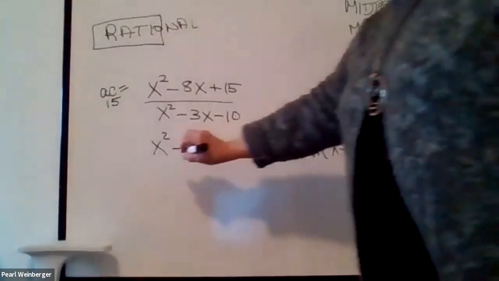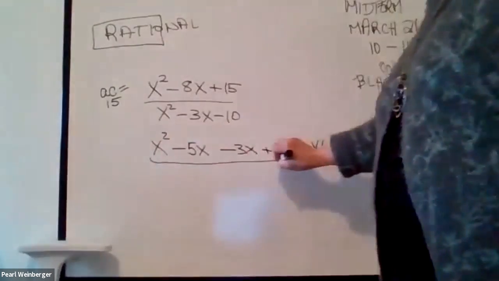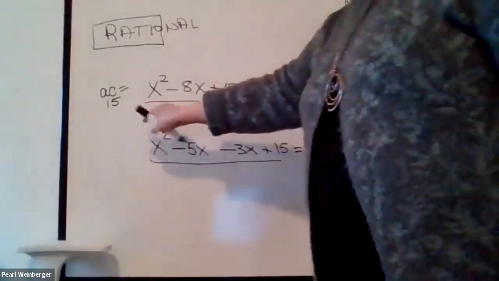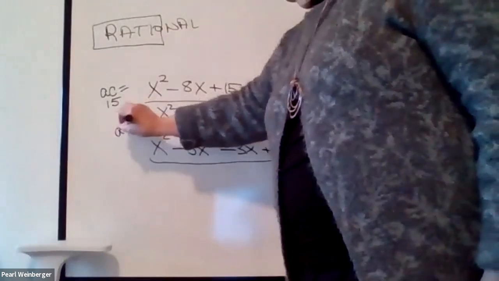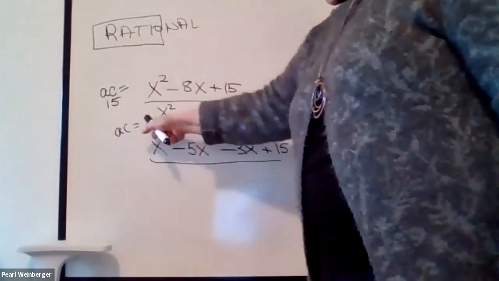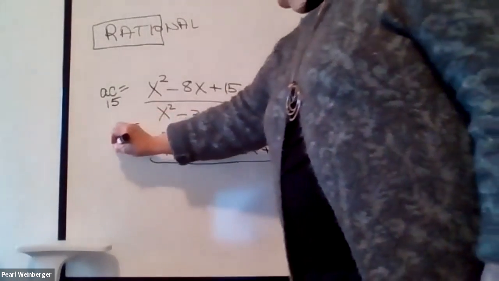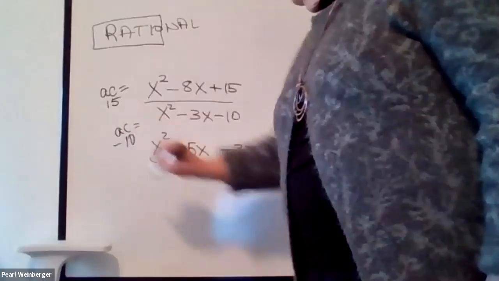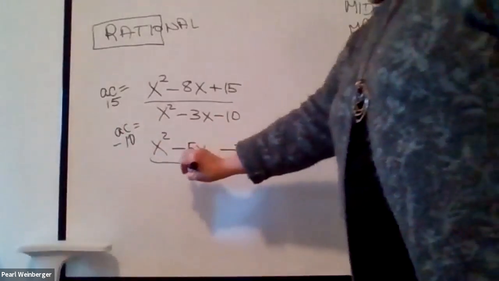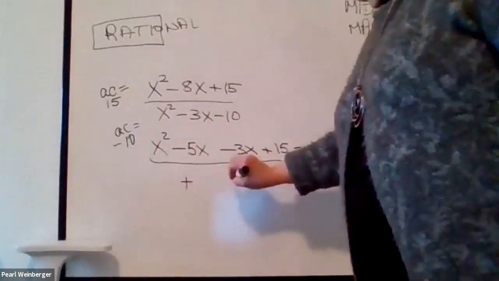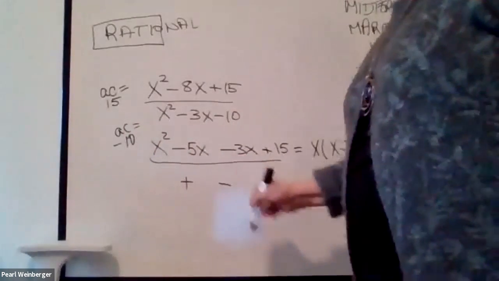Let's see what we do with the denominator. In the denominator, my AC happens to be 1 times negative 10, which is negative 10, which means one of the numbers is going to be positive and one of them is going to be negative.